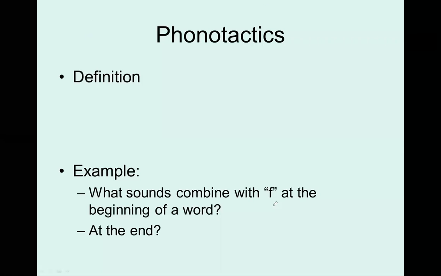I'm going to turn on my highlighter again. All right, so we've got things like flight and fright. You have these things called clusters, these combinations of sounds at the beginning. You can have fla, fra, lots of different things that come together. All right, but are there any other ones you can think of?